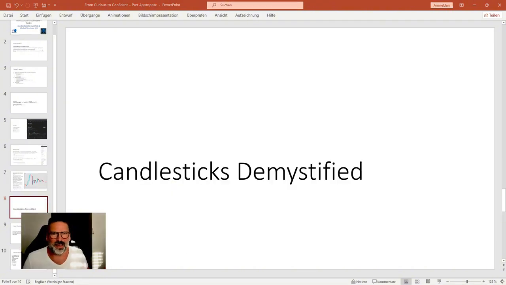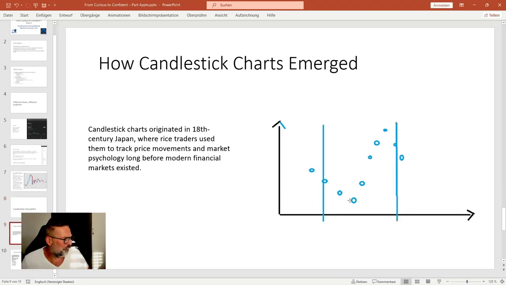So now let's take a closer look at these mysterious candles, right? What are they all about? I will show you. No worries. Actually, I don't want to get too deep into the history, but candlestick charts originated in 18th century Japan already, where they tried to track price movements of rice.